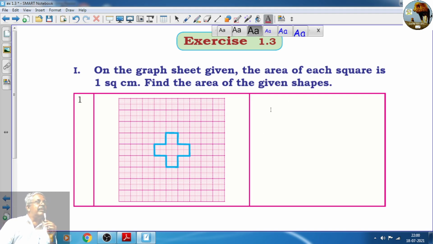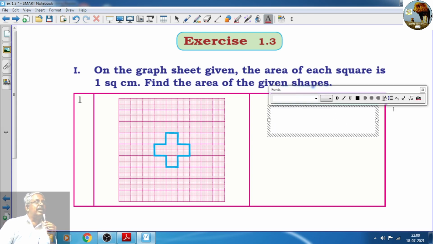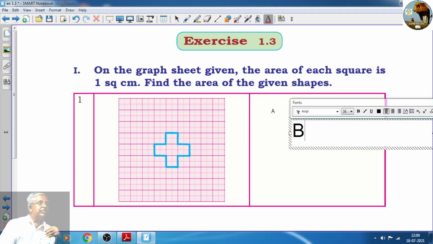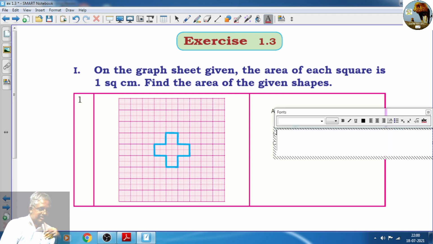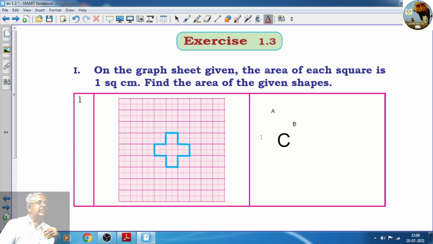For your kind knowledge, let me have some fixes. A, then B, no, I wanted it in a smaller size. Then I have C in the smaller size again.